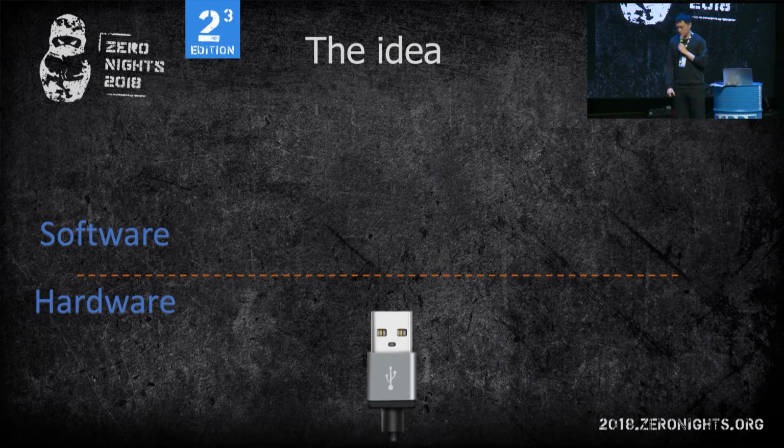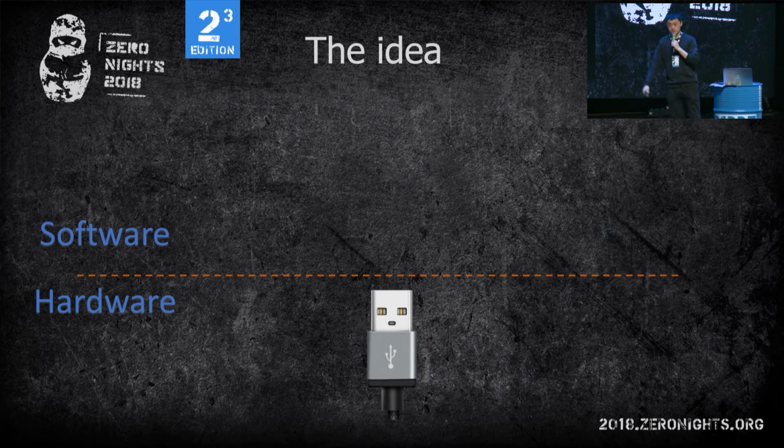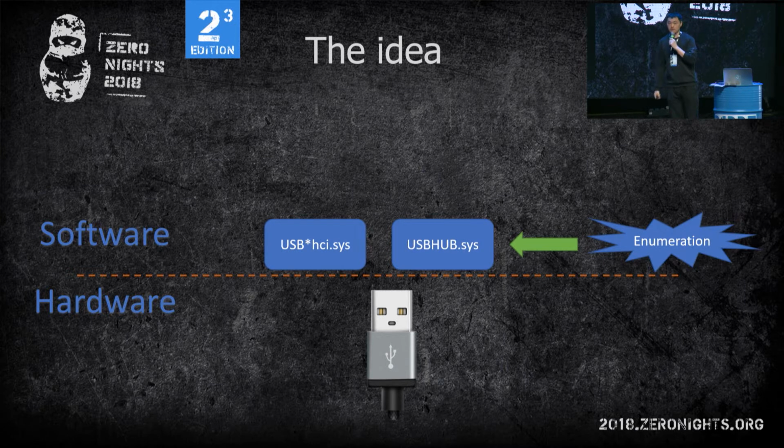Imagine if we plug a USB device into your host PC, what will happen? The first level is the USB host controller drivers, and the USB hub driver will start a process called enumeration. Enumeration means they try to collect some basic information from the USB device, and determine and configure it to make it work.